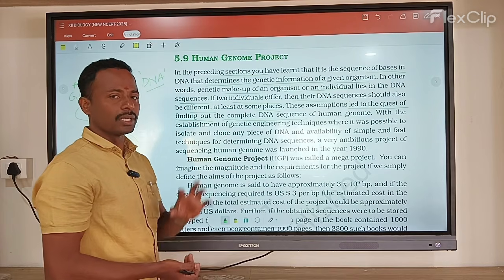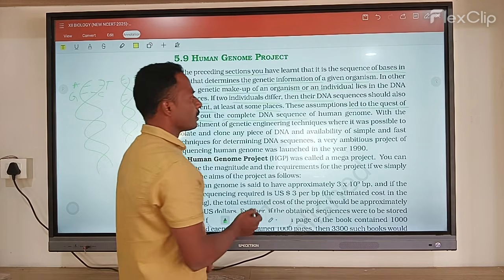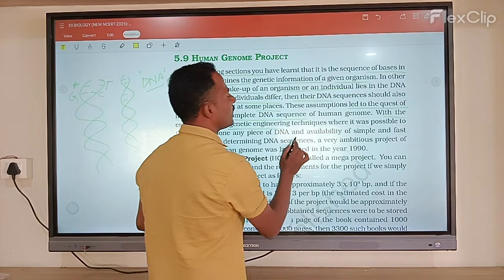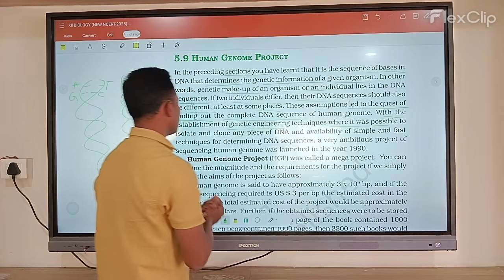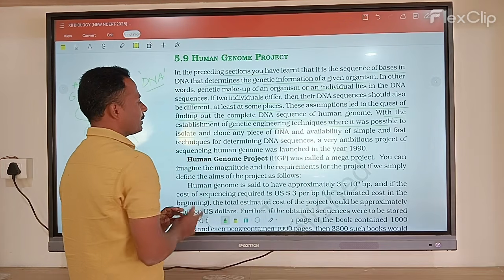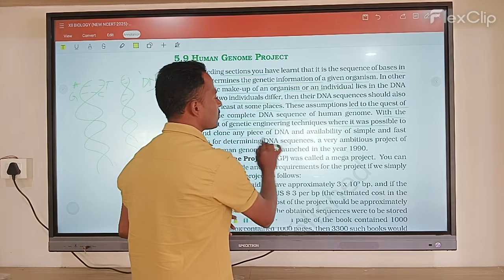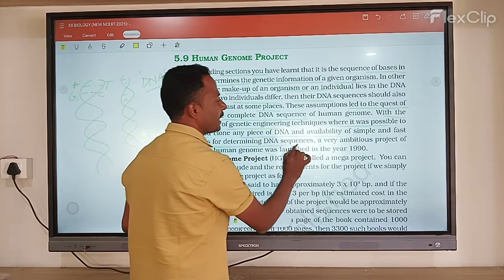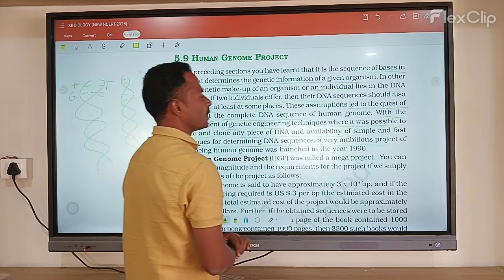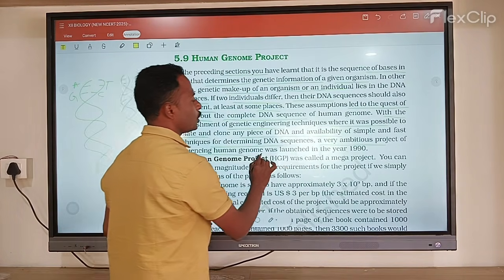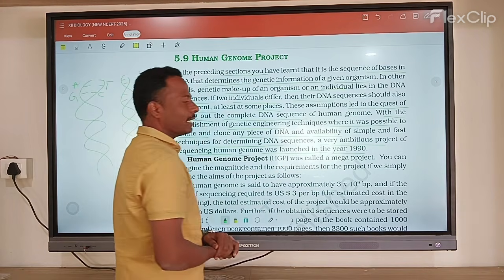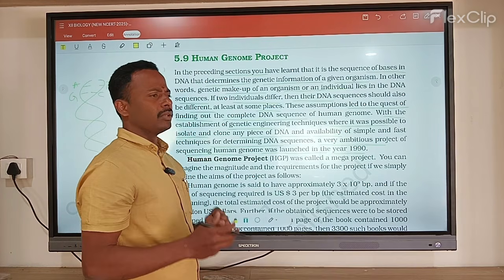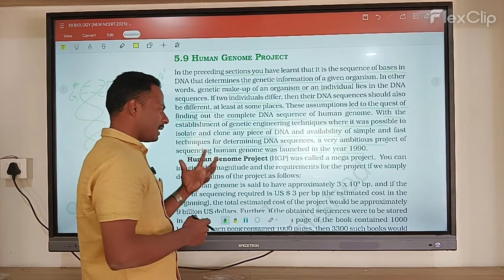And with the establishment of genetic engineering techniques, it became possible to isolate and clone the pieces of DNA.